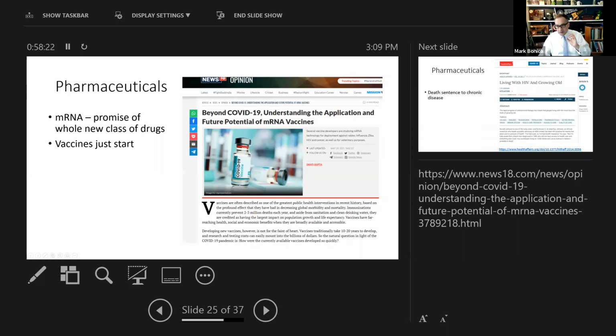Down here it says vaccines traditionally take 10 to 20 years to develop. The COVID-19 vaccines, the Pfizer and the Moderna vaccines, were literally created over the weekend. And then the time from the point at which the vaccine was created to the time that it was deployed to the rest of us, and by the way, I'm on my 4th dose, so I'm a huge fan.